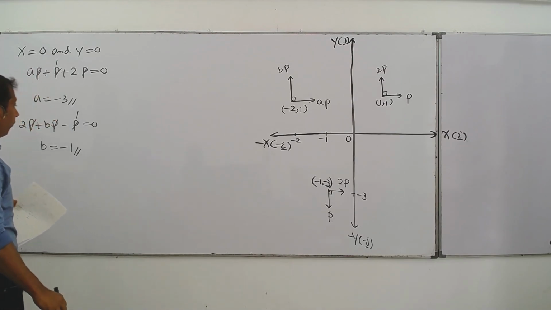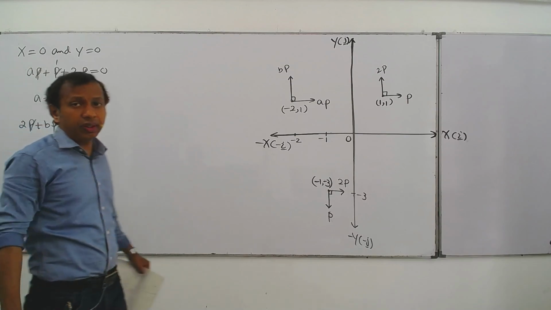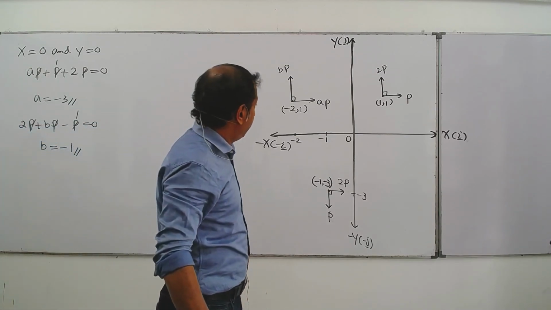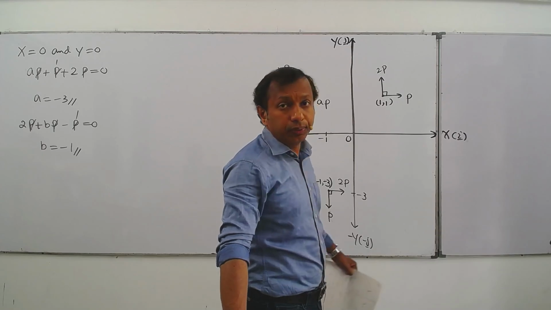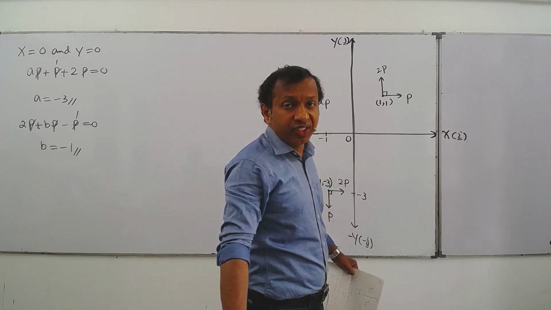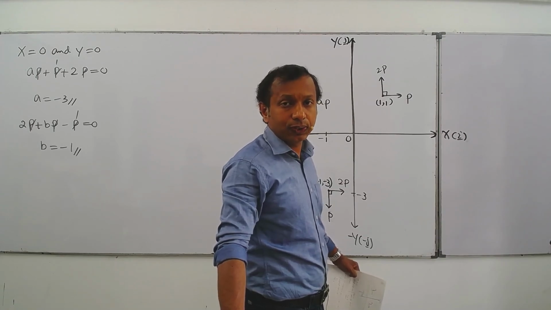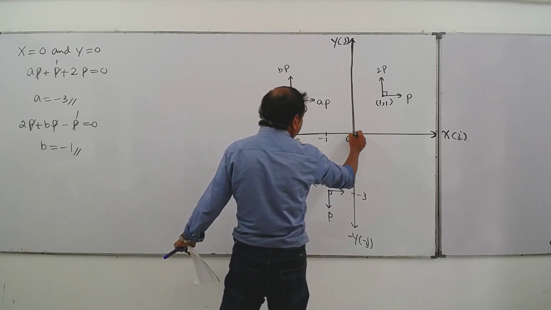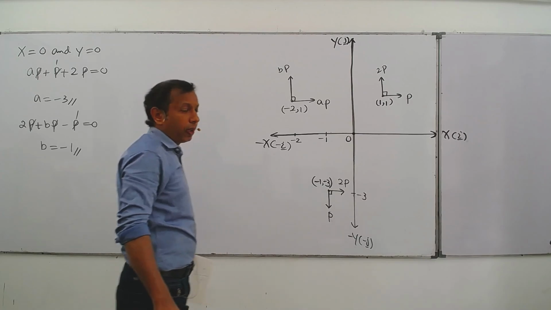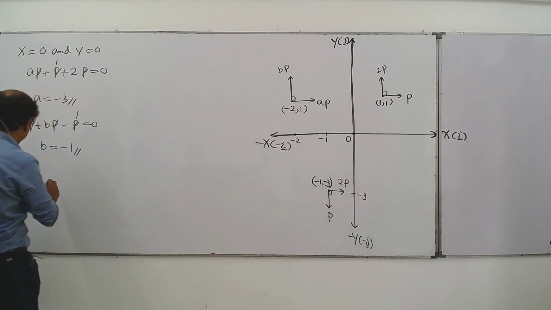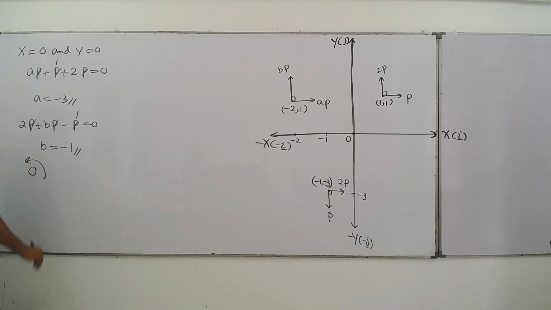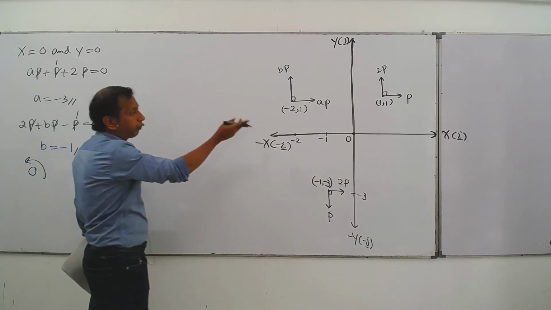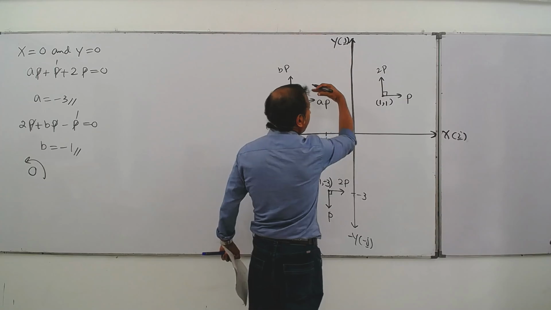Right. Now, they ask to find the moment of the couple. You know the moment of a couple is a fixed value about any point on the plane of the forces. So this time I can take the moment of this couple about the point O. I take moments about O in the anticlockwise sense. Then that 2P about O will give an anticlockwise moment.